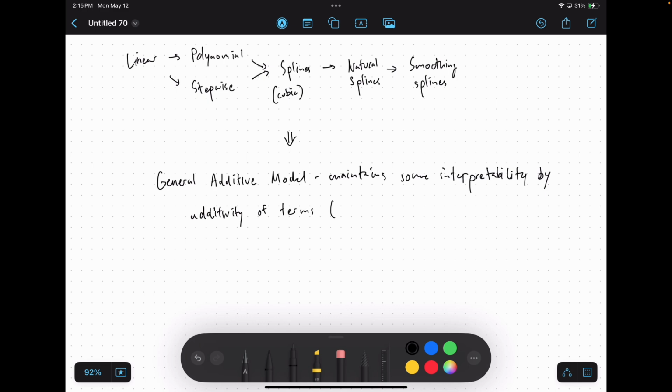This is done by using a spline for each individual variable and adding them together.